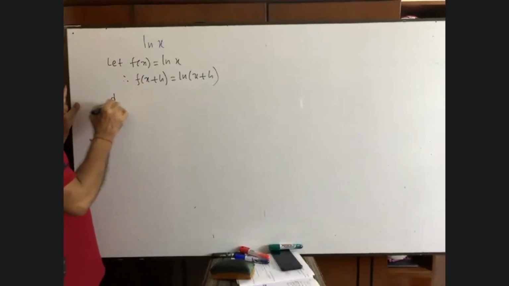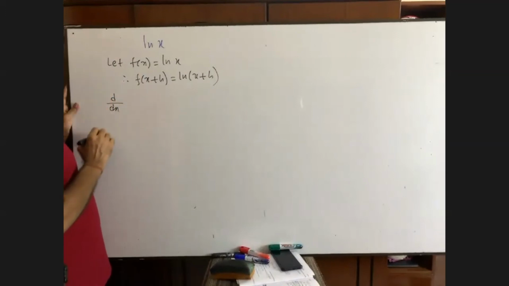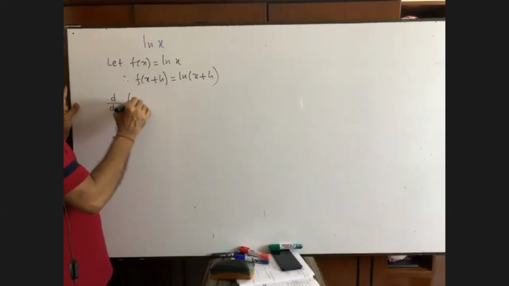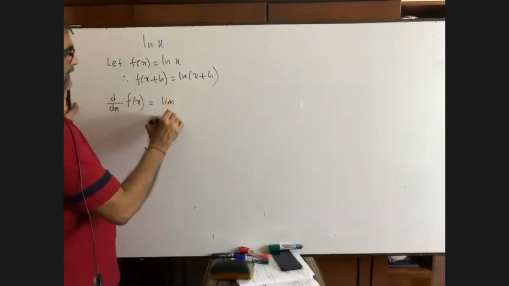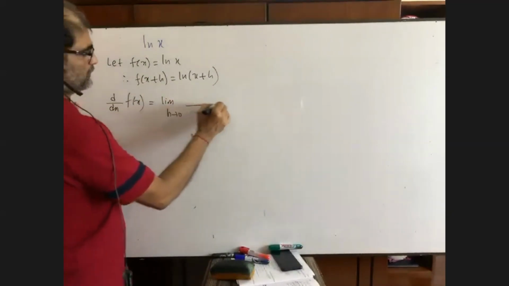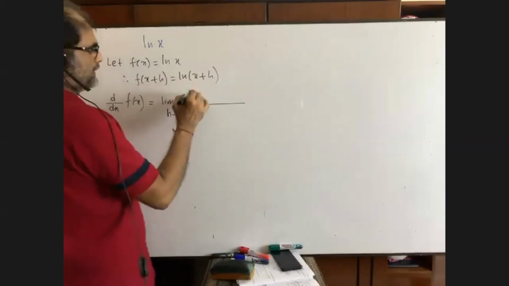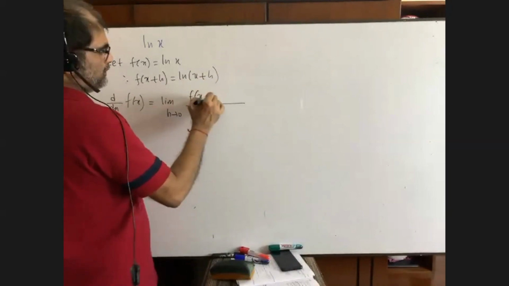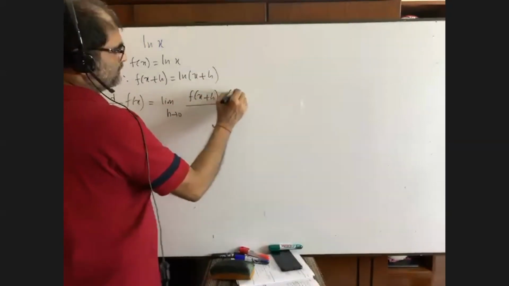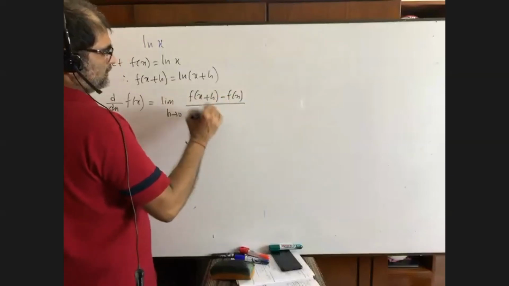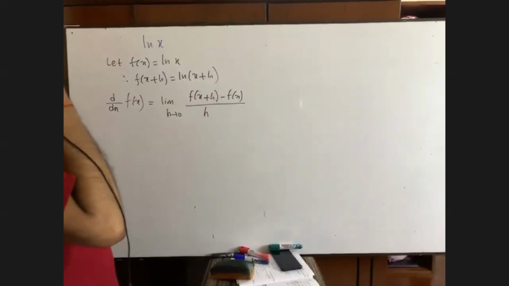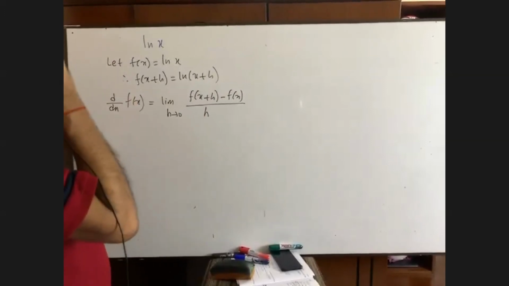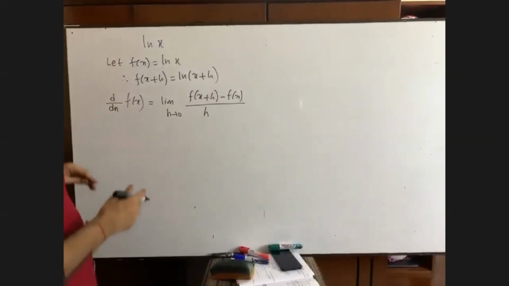Therefore, we know d by dx of f(x) is equal to limit h tends to 0 of f(x plus h) minus f(x) over h.